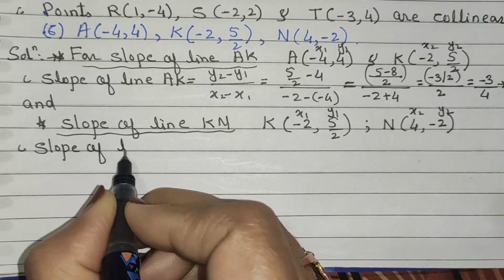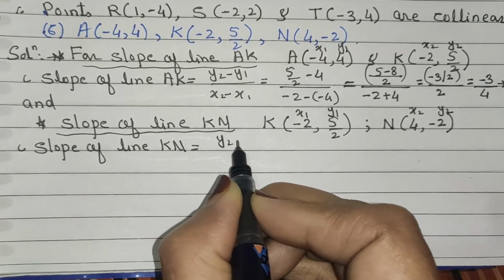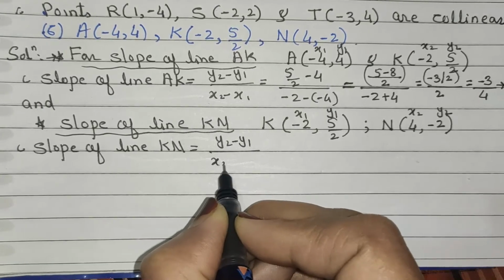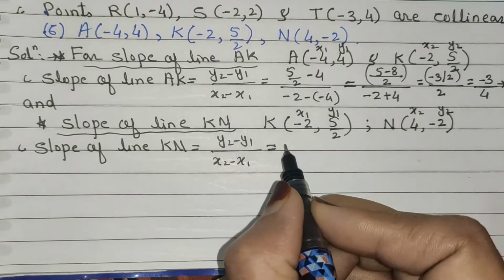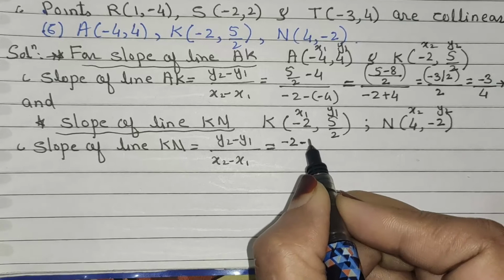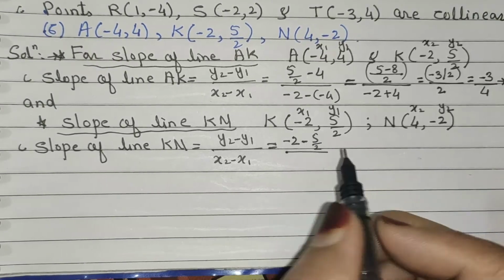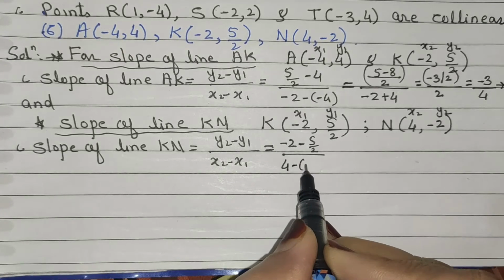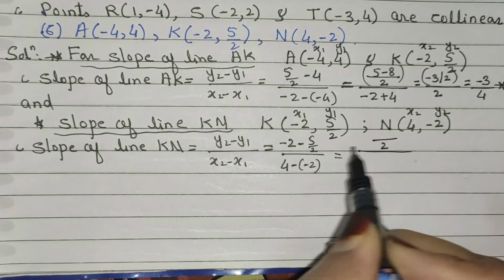Therefore by using formula, slope of line KN is equal to y2 minus y1 upon x2 minus x1. Substituting the values we get here -2 minus 5 upon 2 upon 4 minus of -2. Now take the LCM 2 and cross multiply.